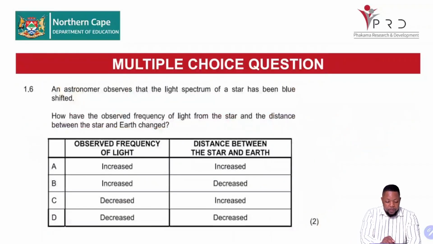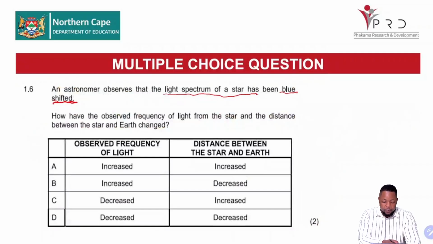1.6. An astronomer observes that the light spectrum of a star has been blue shifted. Now, before you answer this question, you must look at blue shift. What do we know about blue shift? We know that for blue shift, the absorption lines of the spectrum are shifted towards the blue end of the spectrum.